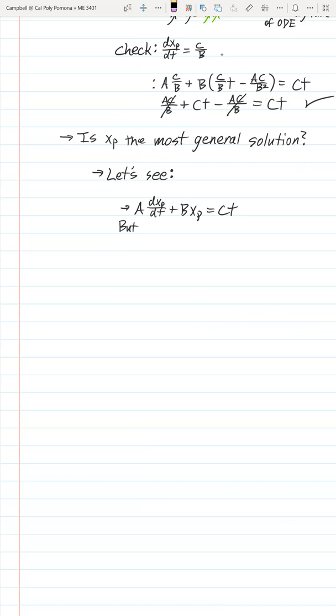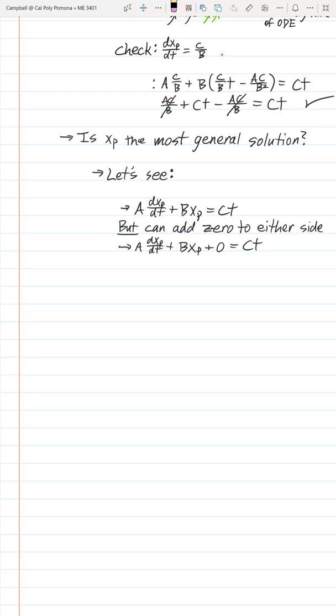And clearly the answer is sure, I can add 0 and not change anything. So let's go ahead and frame it then as a statement. So I can add 0 to either side of this expression. So I get, and let's do it to the left-hand side, a times dxp/dt plus b times xp plus 0 is equal to c times t. So I haven't changed anything.